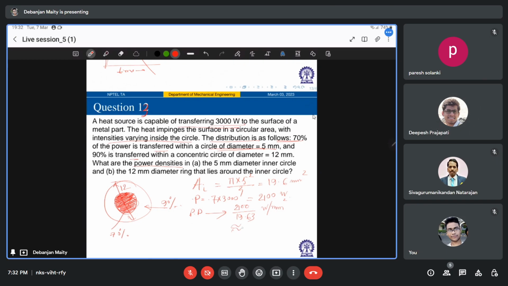So this is roughly 107 watt per mm square. And then you need to find out the area of the outer region. So A outer will be how much? Pi into 12 square minus 5 square by 4. How much is this coming?